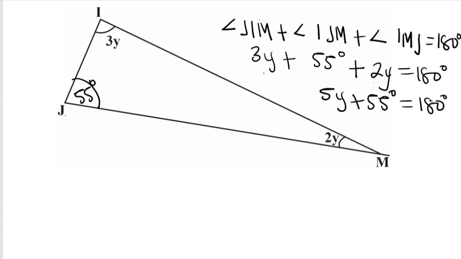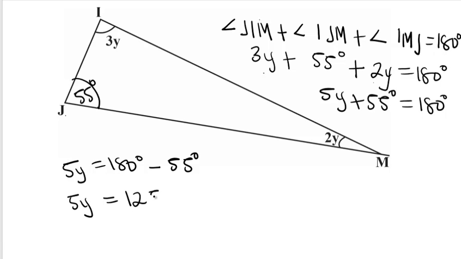Don't forget that we are solving for y, so we are going to make y the subject. So here we are going to get our 5y being equal to 180 degrees minus 55 degrees. This will give us 5y being equal to 125 degrees. You are solving for y, so what do we do? We divide both sides by the coefficient of y, that is 5.